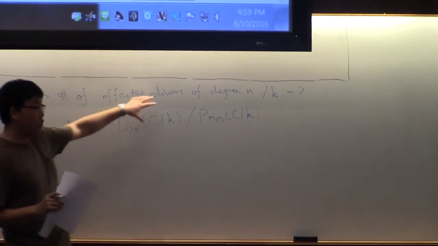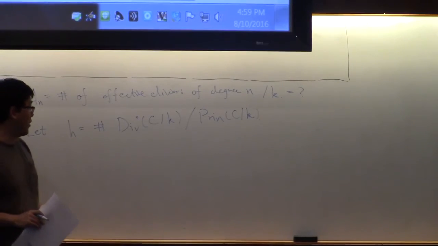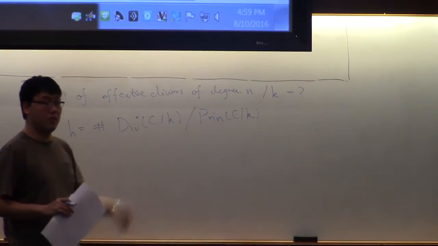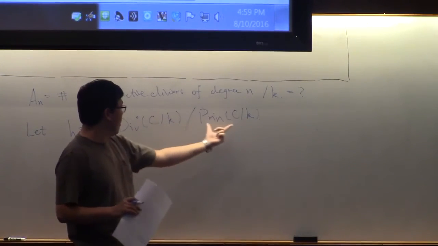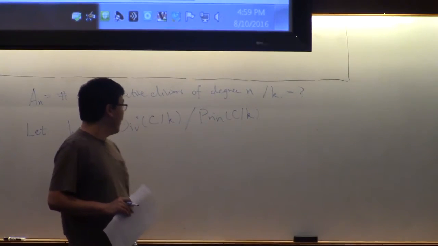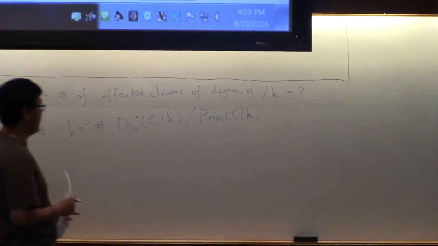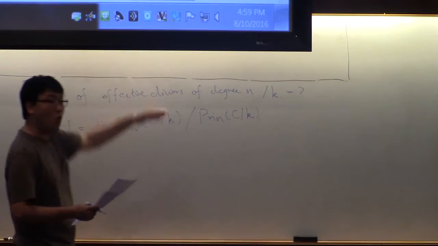First, I introduced two subgroups for the group of divisors. The first one is the subgroup consisting of the degree 0 divisors, and as a subgroup, it has another subgroup, namely the set of principal divisors. Then I consider the quotient.